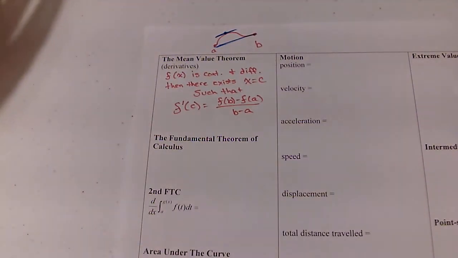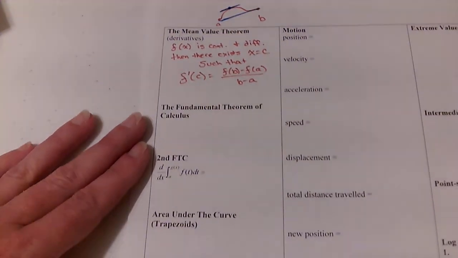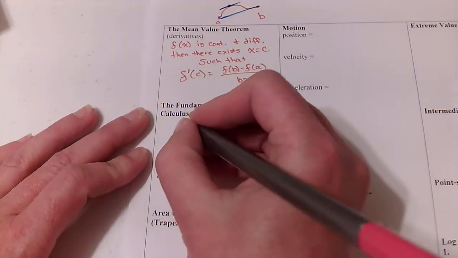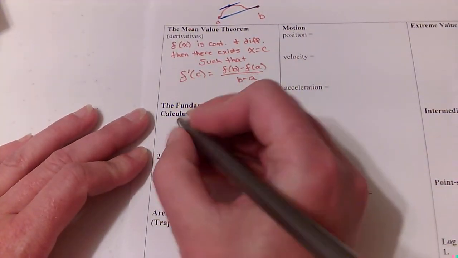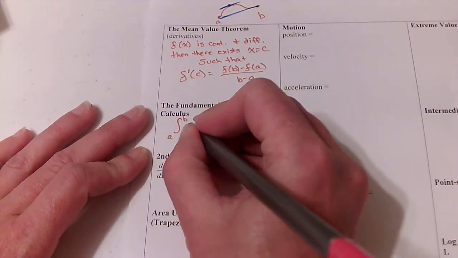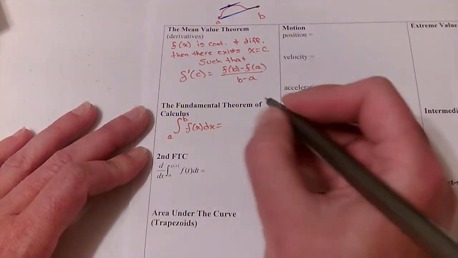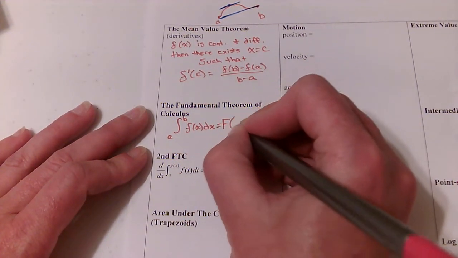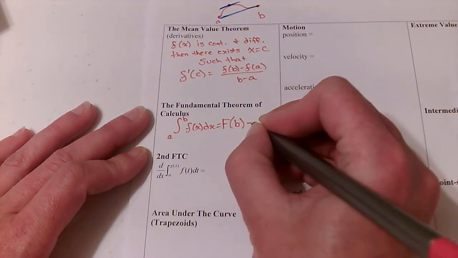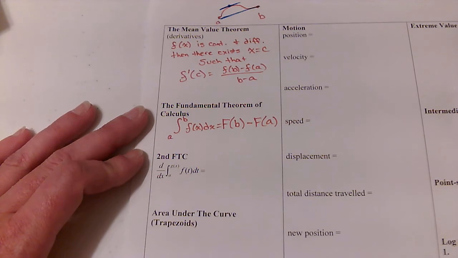Fundamental theorem of calculus. All right, getting into the good stuff. The integral from a to b of f of x dx is equal to the antiderivative at b minus the antiderivative at a.